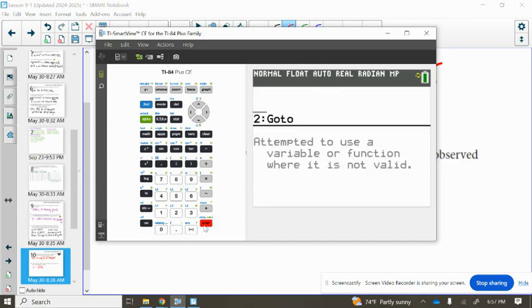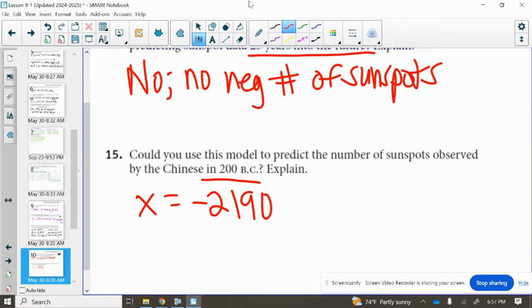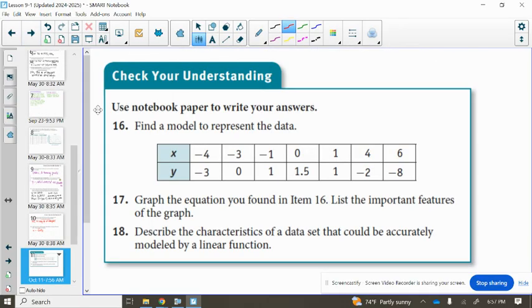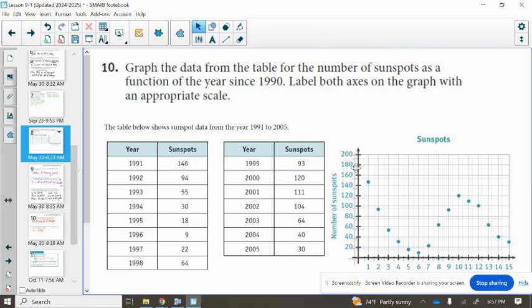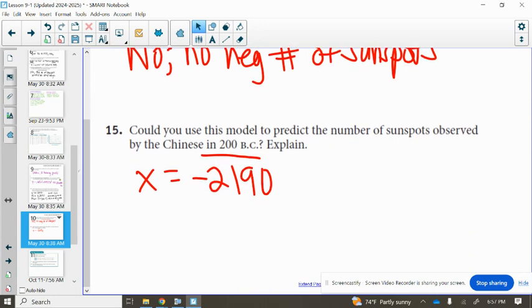It's not even coming up as a valid answer, so that'd be pretty large. So again, what would probably be best for this graph is that it probably, in time, ends up being a sine graph that goes back and forth. That would probably be our best pattern on this one.